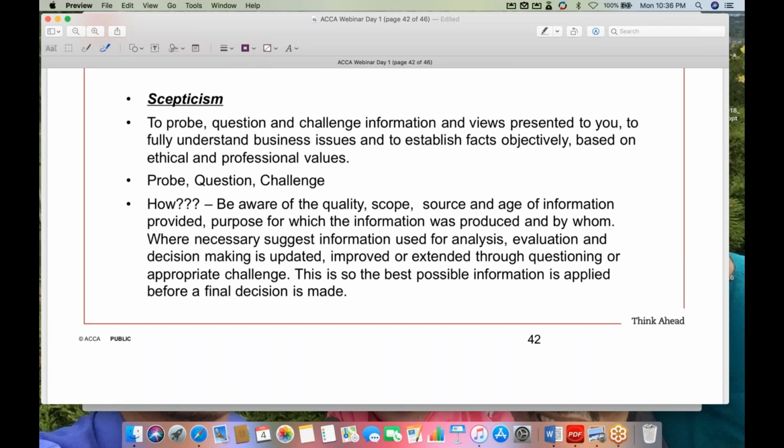And sometimes when you read through, it seems that there are no flaws in that particular internal control system. But remember, if you are applying these skepticism skills, you are not supposed to take it lightly. You're supposed to be questioning back. If this is the case, then what will happen if this happens?